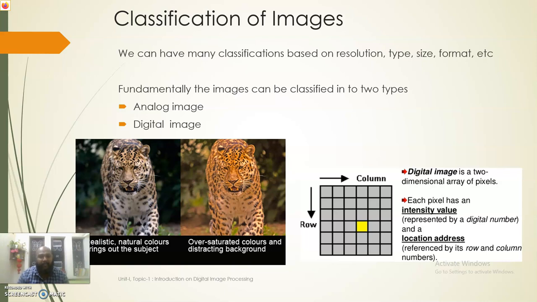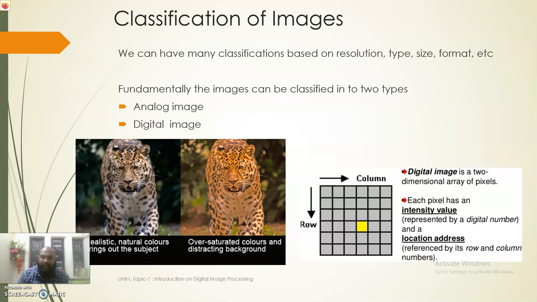Next we can see the classification of images. We can have many classifications based on resolution, type, size, format, and some other ways. Fundamentally, the images can be classified into two types. One is analog image and another one is digital image.